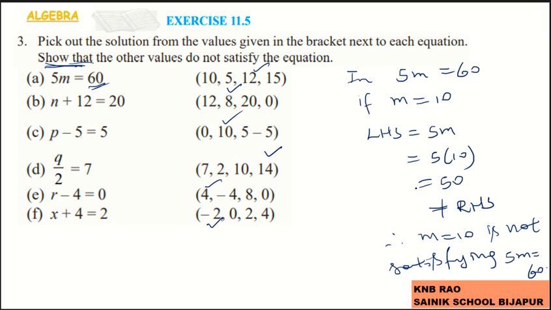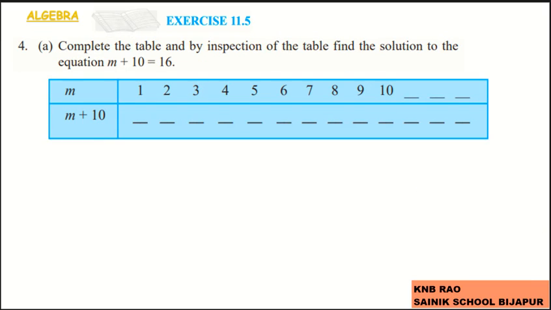Okay. Now coming to the main question number 4. In main question number 4, there are sub questions. Sub question A to D, we will solve one by one. In sub question A, complete the table and by inspection of the table, find the solution to the equation m plus 10 equals to 16. If m is 1, m plus 10 becomes 11, if m equals to 2 becomes 12, 13, 14, 15, 16, 17, 18, 19, 20.